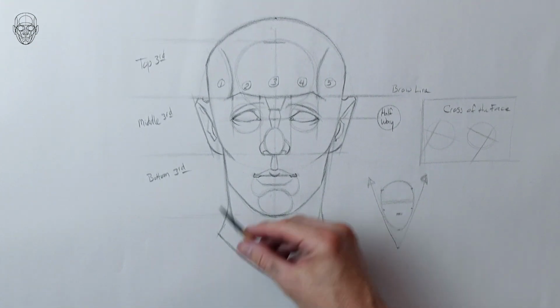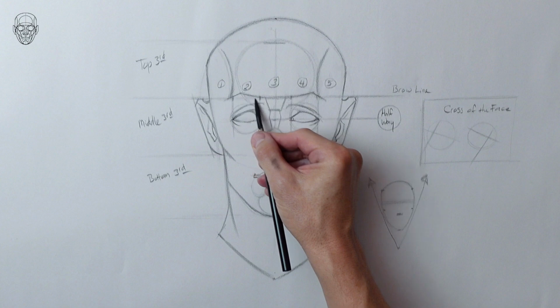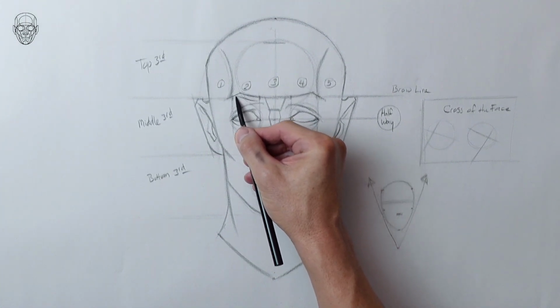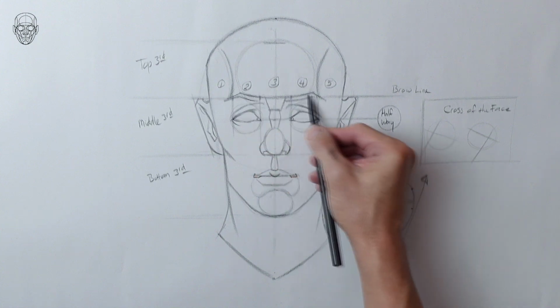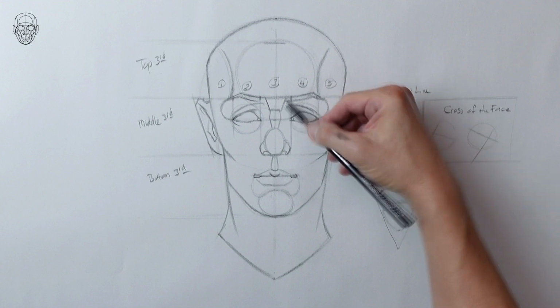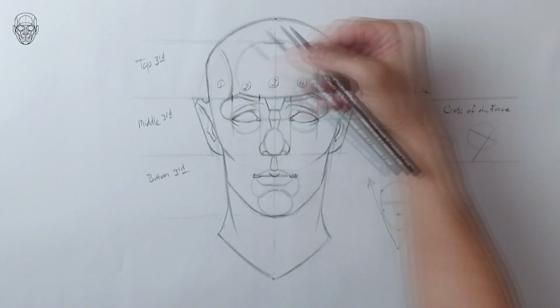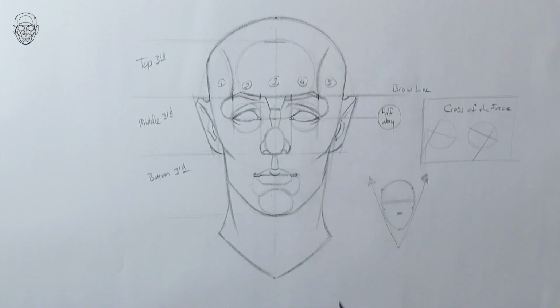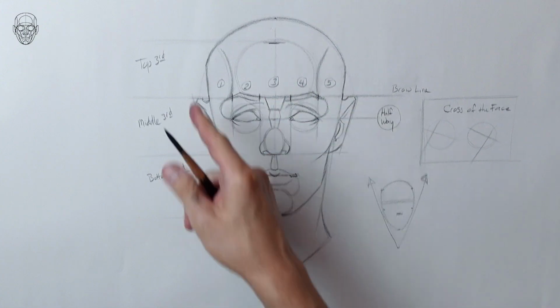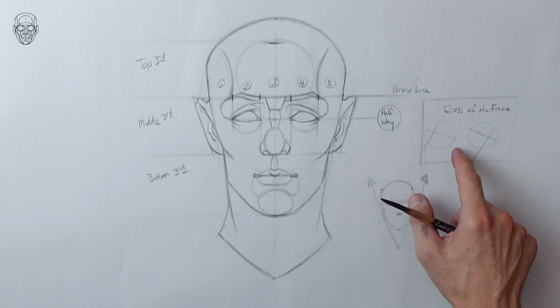And then we can come over, let's see, let's do the bottom, kind of like just sketch in the eyebrow itself. So we went through and established the thirds of the face after we did the cross of the face.